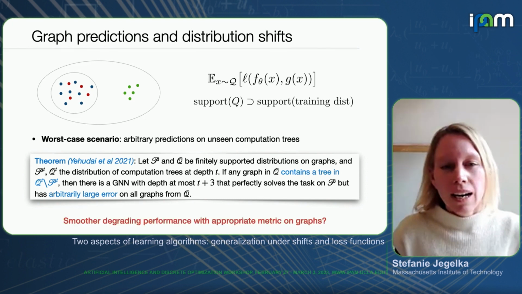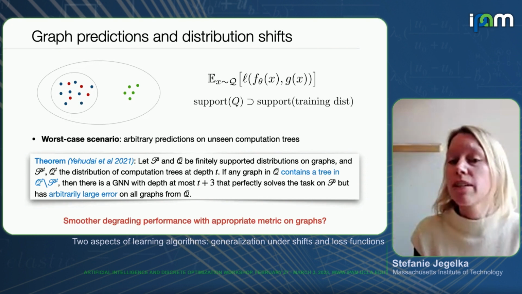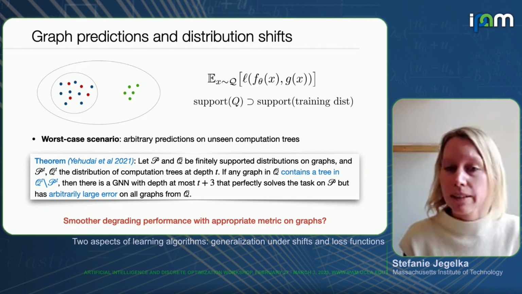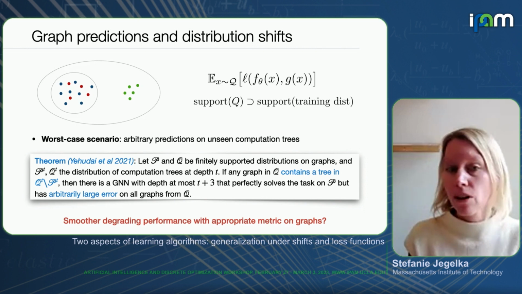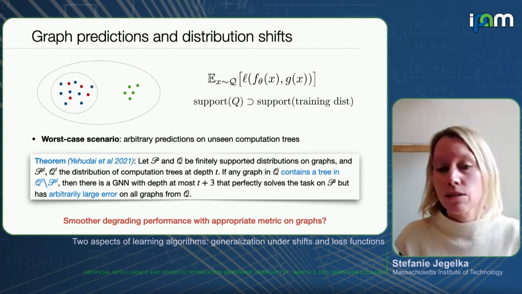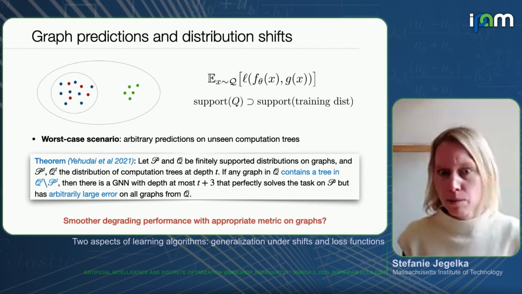However, in practice, what we probably assume is that if the trees only differ a little bit, so maybe my Q has somewhat different trees, but the overall distribution of the trees in Q and in P is not that different, maybe there is a more graded change of performance. It's not that I change a tiny bit in my graphs and suddenly the thing will blow up.